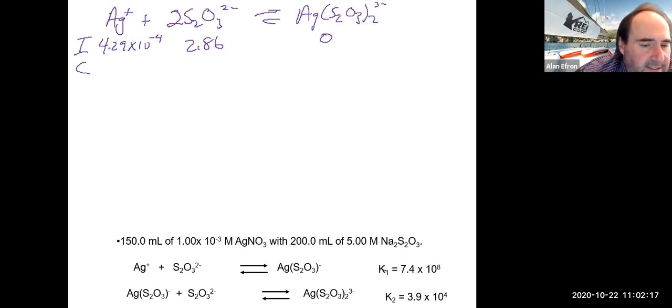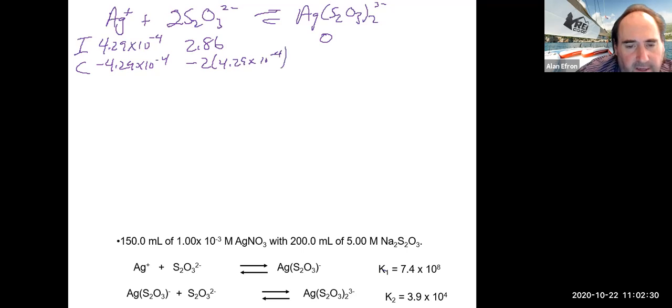So our change is going to be the metal here. So we're going to go minus 4.29 times 10 to the minus 4. This is going to be minus 2 times 4.29 times 10 to the minus 4. That's equivalent to like minus 2x. That's the equivalent to minus x, the first guy. And this would be like plus x, which would be plus 4.29 times 10 to the minus 4.